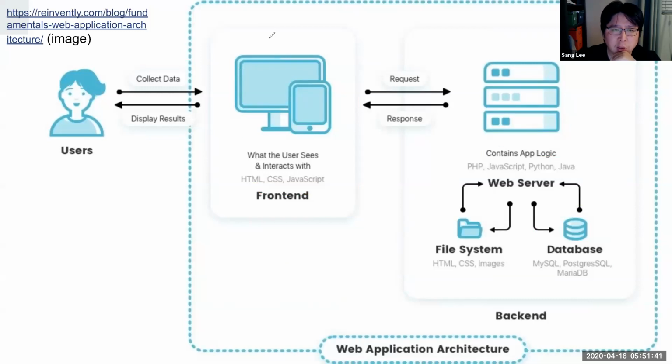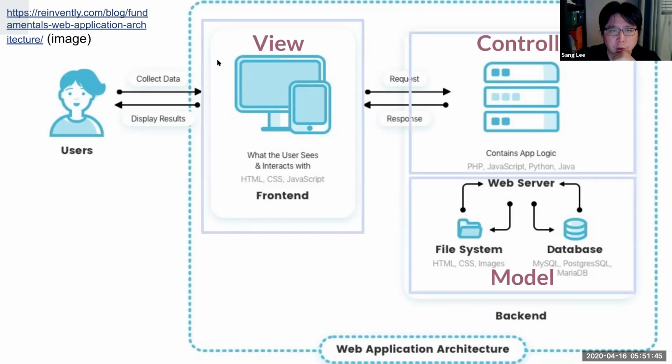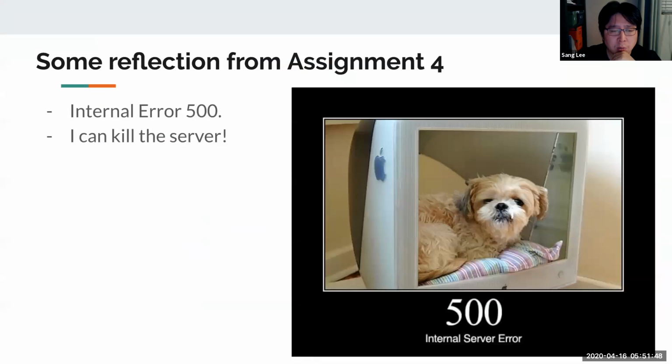And looking back, there are some interesting things, right? I don't know, some of you may have run into this issue: if you send a wrong ID, like if you send an index of the array instead of the randomly generated string, you get an internal error of 500, and in the terminal the server actually crashes, right?